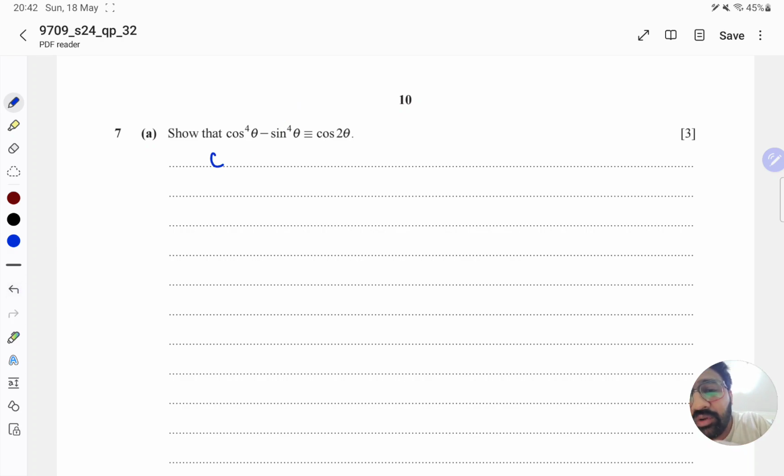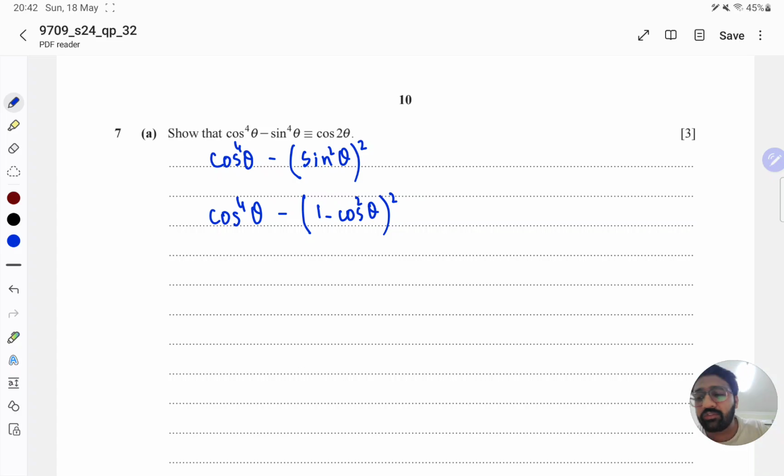So we will do cos power 4 theta minus, instead of that we can write sine square theta whole square. And we know that there is an identity which is sine square theta plus cos square theta equals 1. So what we can do is convert it to 1 minus cos square theta whole square.